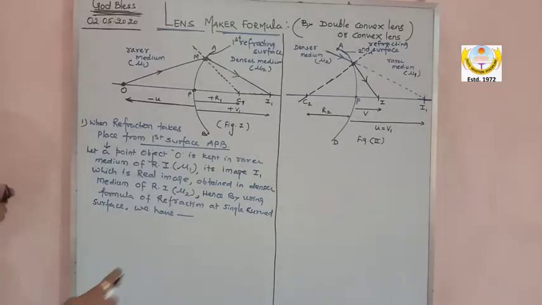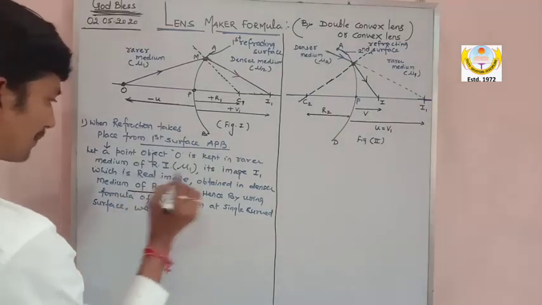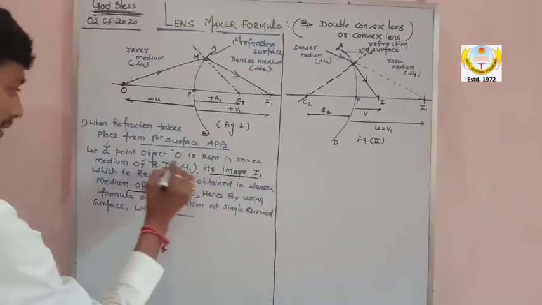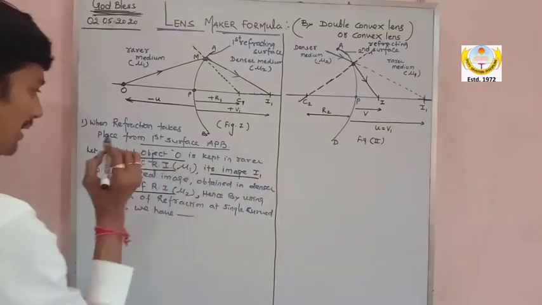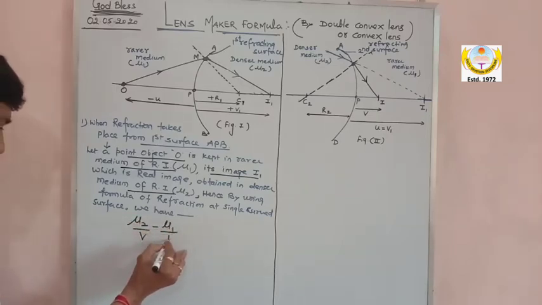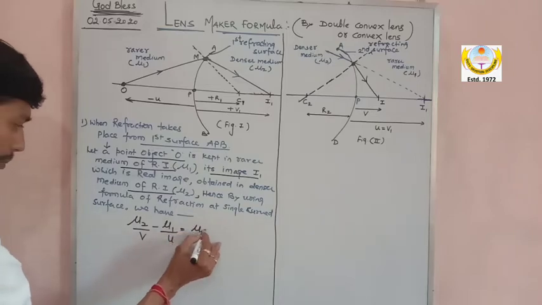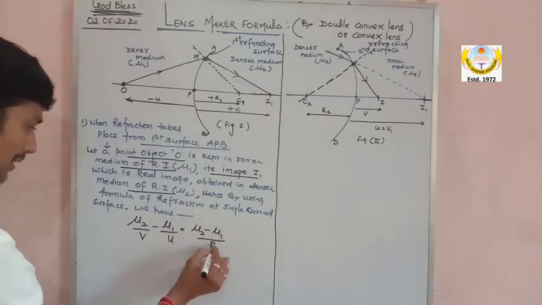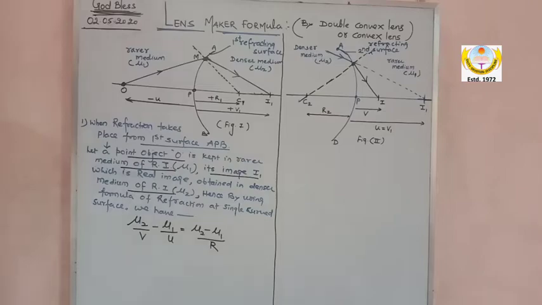The image is obtained in a denser medium and the object is kept in the rarer medium. So what will be the formula? This will be mu2 divided by V minus mu1 divided by U is equal to mu2 minus mu1 divided by R. My dear, this is the formula, no doubt.